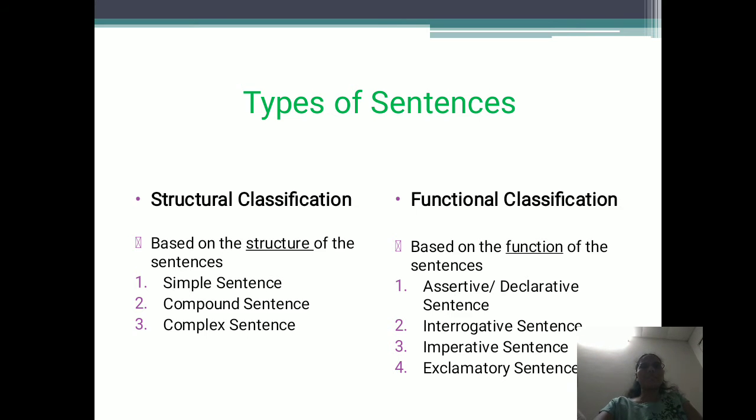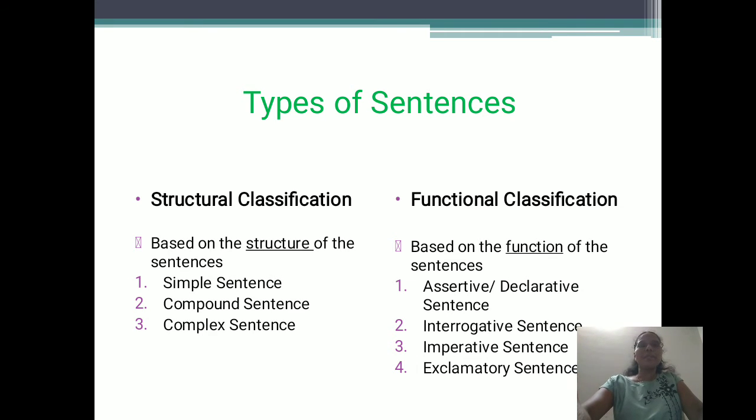Structural classification is based on the structure of the sentence, and we have three types according to the structure: simple sentence, compound sentence, and complex sentence.